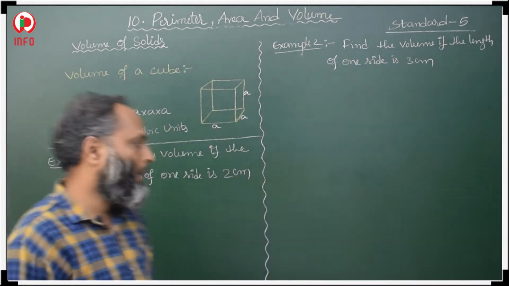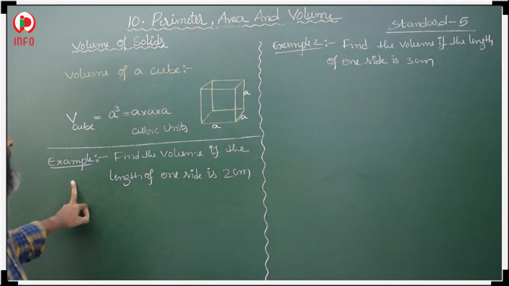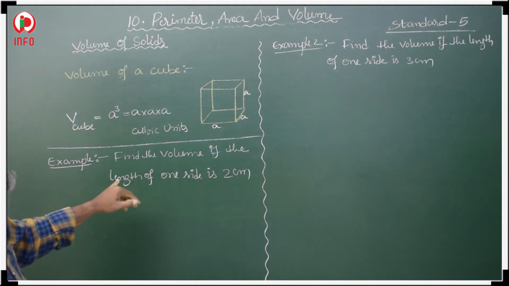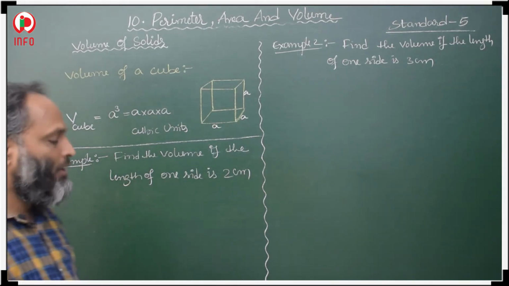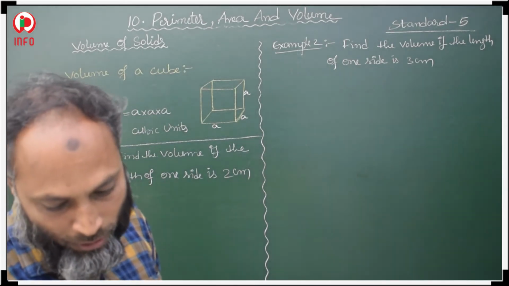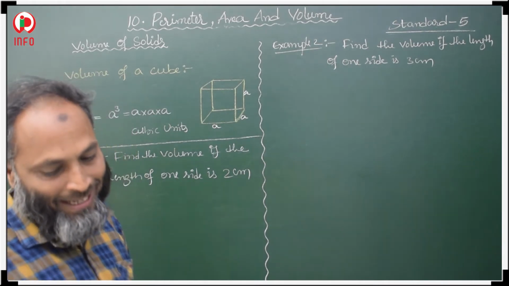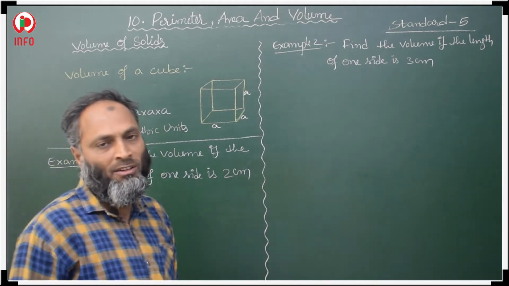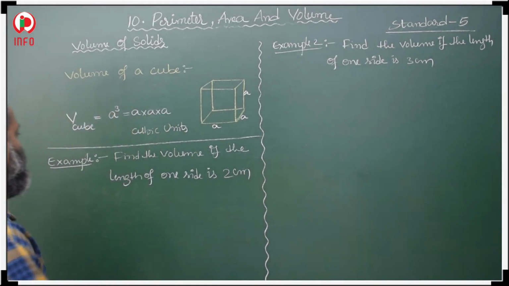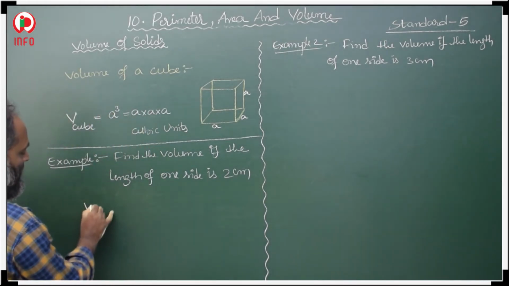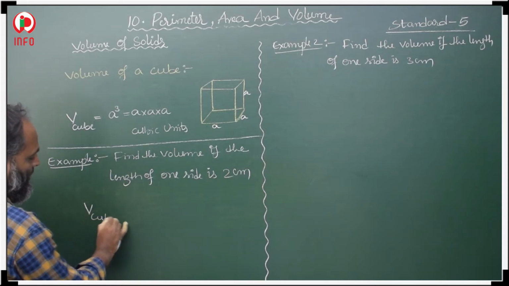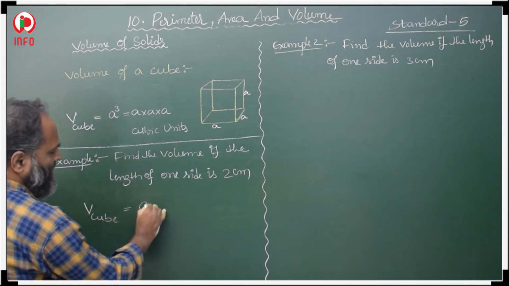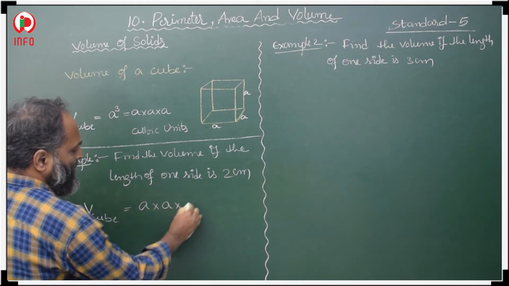Now, in the example, find the volume if the length of one side is given. Only one side is given, which means that is a cube. Then the volume of a cube is side into side into side.